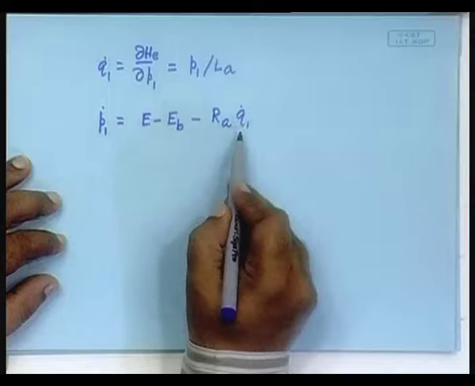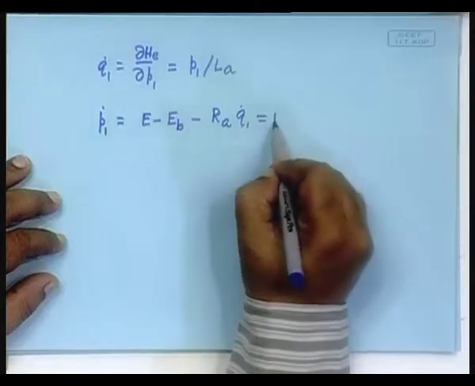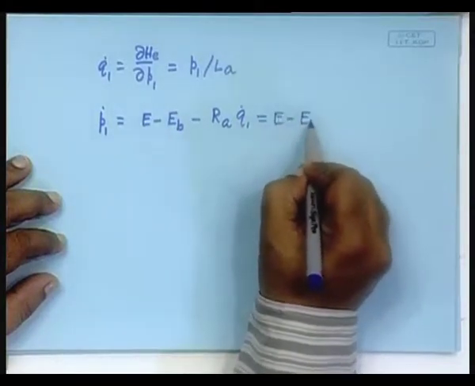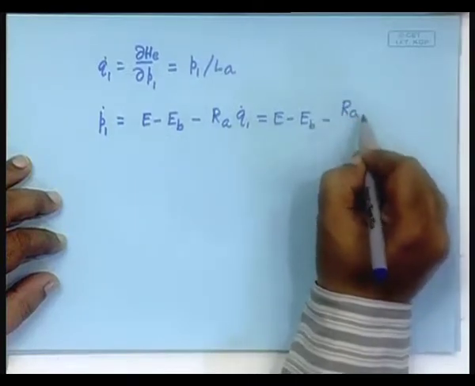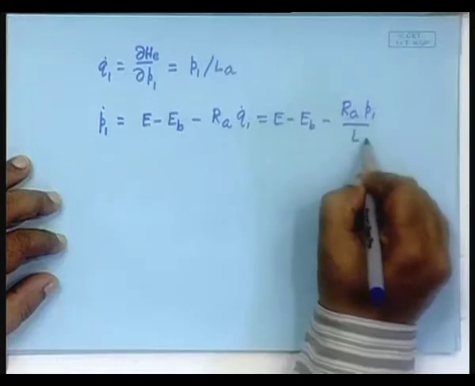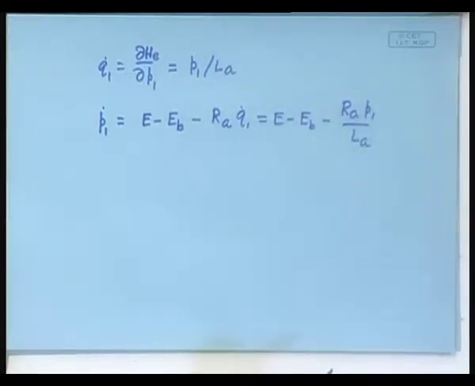So, we can substitute: E minus EB minus RA P1 by LA. Good, equation done.